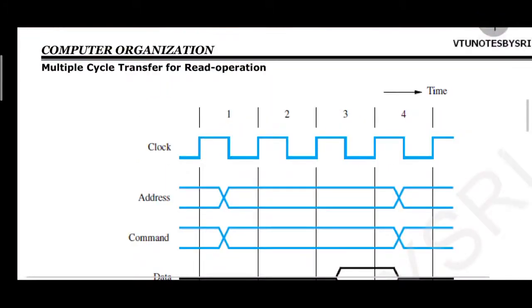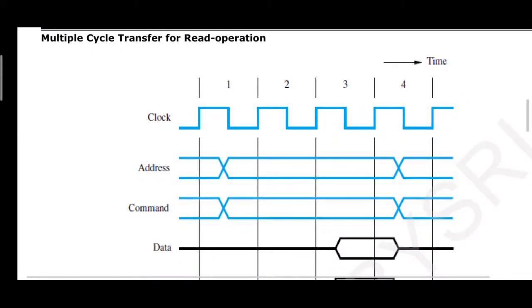This is another example for multiple cycle transfer for read operation. As you can see, the multiple clock cycles, 4 cycles are marked, 1, 2, 3 and 4, right? So transferring of address and command takes multiple clock cycles. Earlier it was considered that one clock cycle is sufficient for transfer of the control, command and addresses, but now this transfer takes more than one clock cycle, and that is what multiple cycle is.